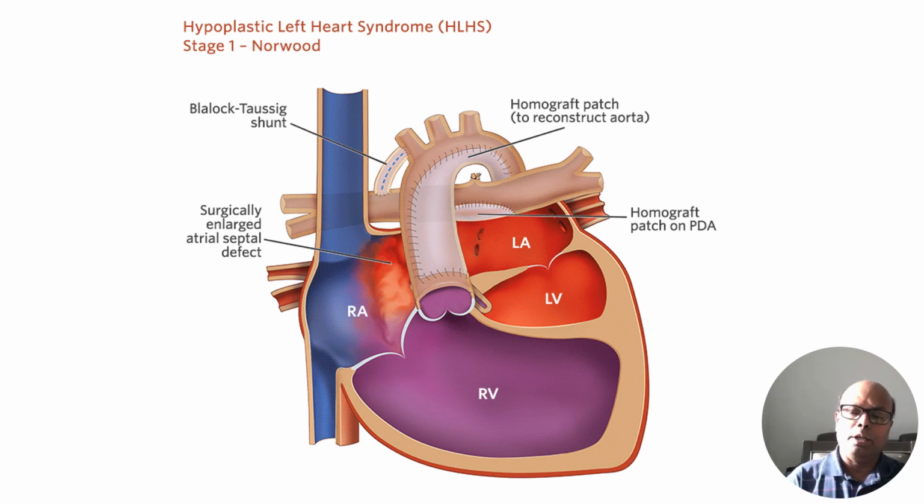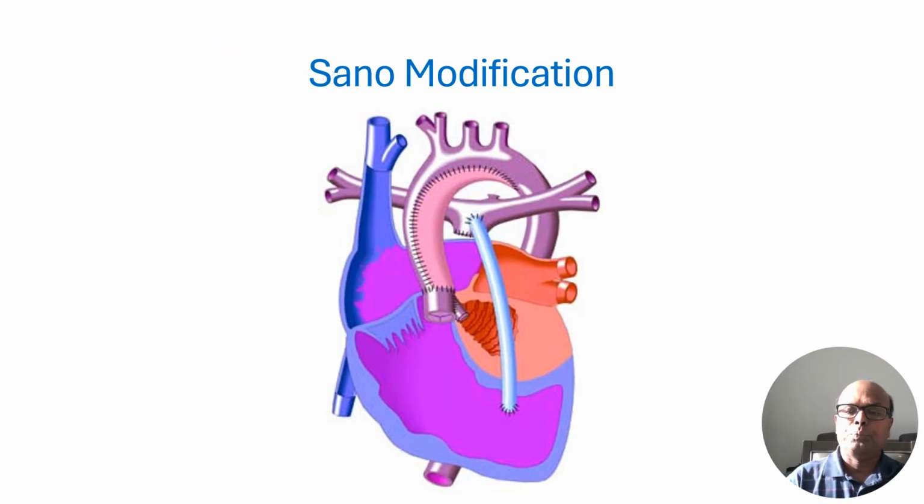The size of the shunt determines how good the pulmonary blood flow will be, so you need to be very meticulous about what size of shunt you create. If you create a bigger shunt, it is going to flood the pulmonary circulation because pulmonary vascular resistance is very low. So these are the 3 components of classic Norwood stage 1.